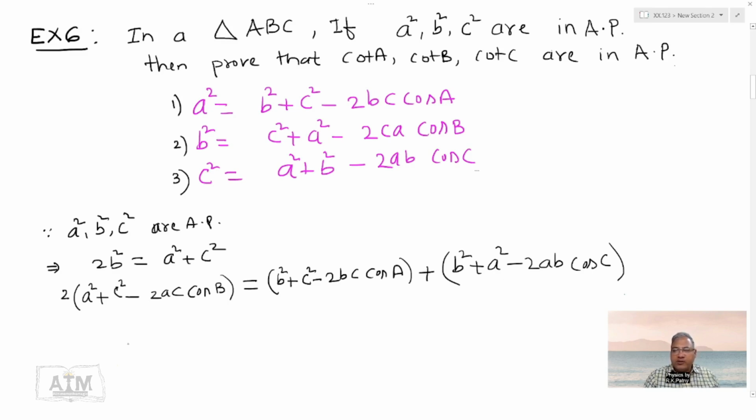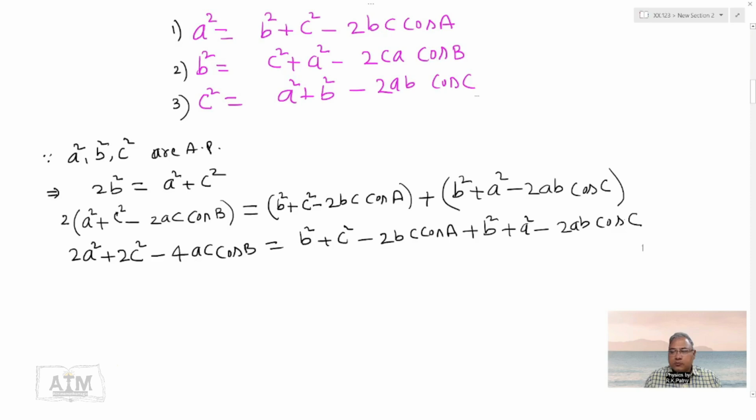Now we'll open the bracket. So we get 2a square plus 2c square minus 4ac cos B. And here b square plus c square minus 2bc cos A, and here is b square plus a square minus 2ab cos C. Here we can write 2 into a square plus c square minus 4ac cos B.